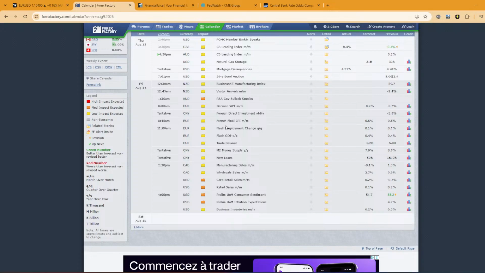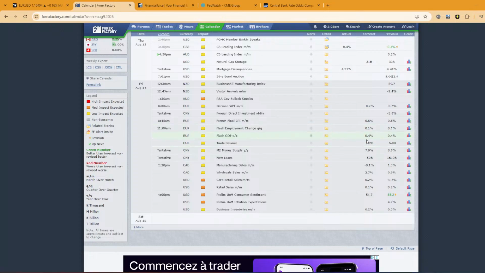I don't know. I really don't know. Most of the time it's not very impactful. But we have Euro flash employment change tomorrow, a little bit after the London session.